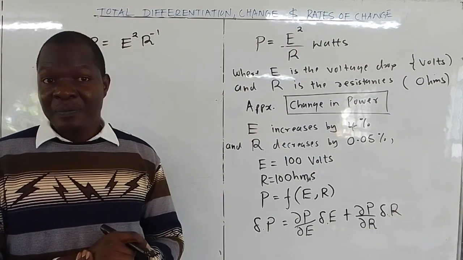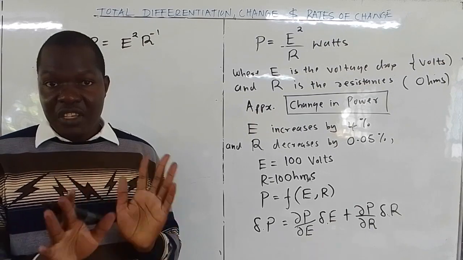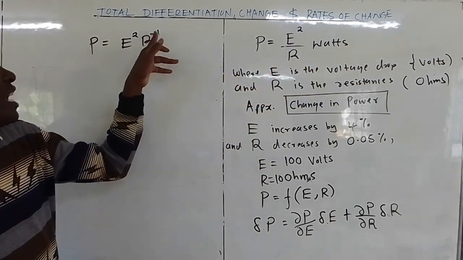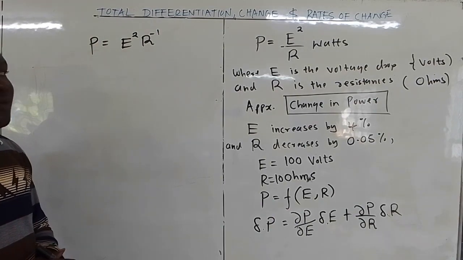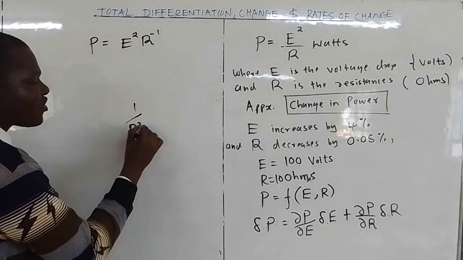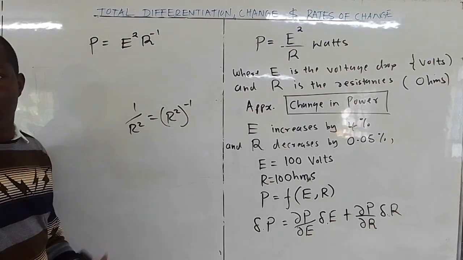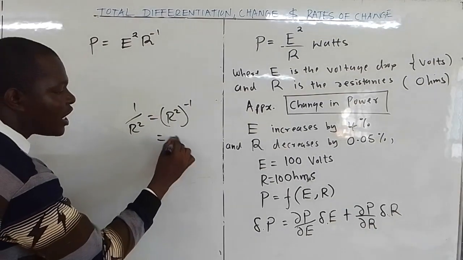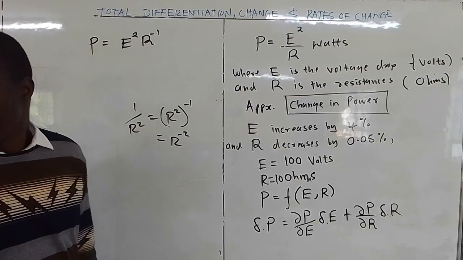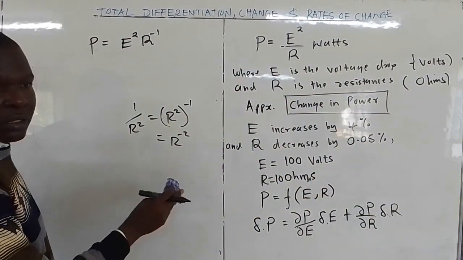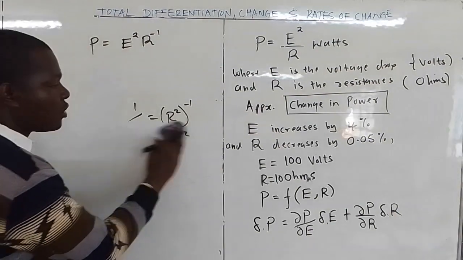So we have E squared over R. When you bring R to the numerator, it becomes R raised to -1. If it was 1 over R squared, then it is R squared, but you multiply the power by -1 to show that. So -1 times 2 becomes R to -2. Lots of indices, isn't it? That negative implies reciprocal. Are we together? Is that okay? Yes. Good.